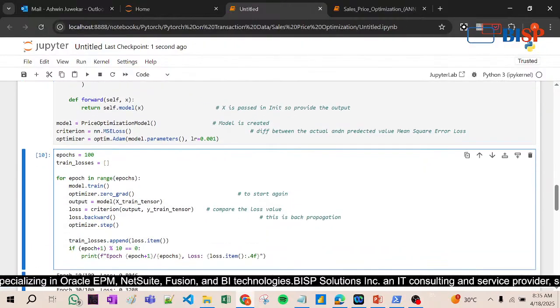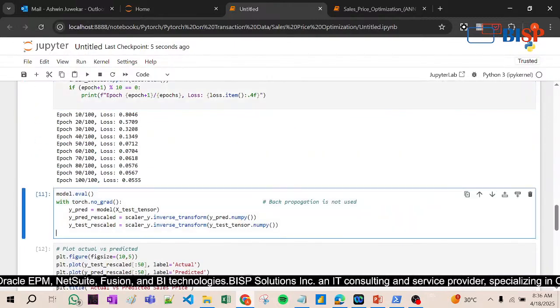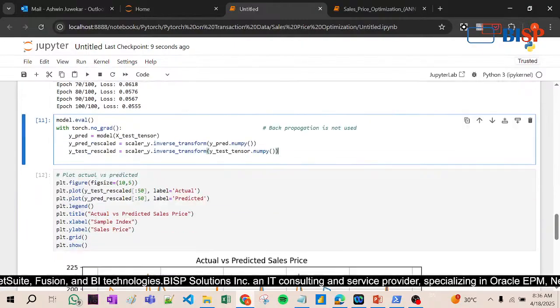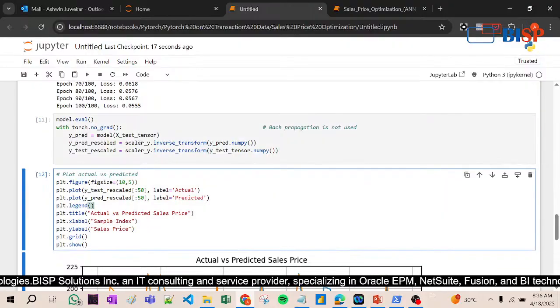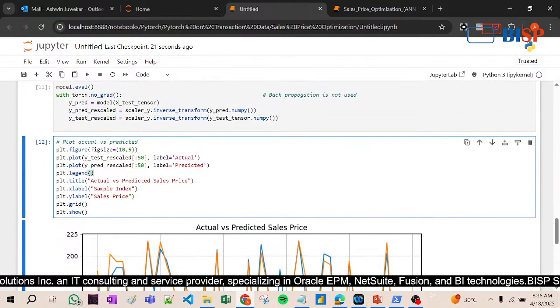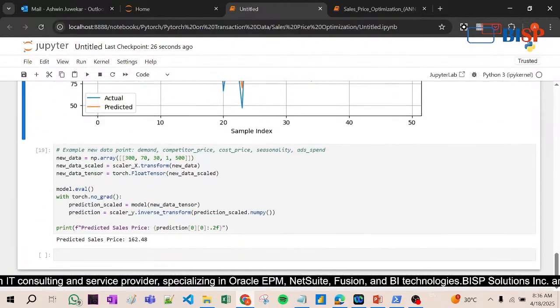Epochs is just a repetition of the process, so that we reduce the loss here. Then we evaluate the model with the help of torch.no_grad, which means no backpropagation is used. After that, plot actual versus predicted. We have to plot the actual and predicted data.